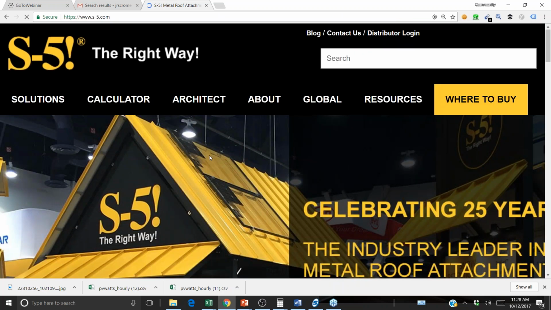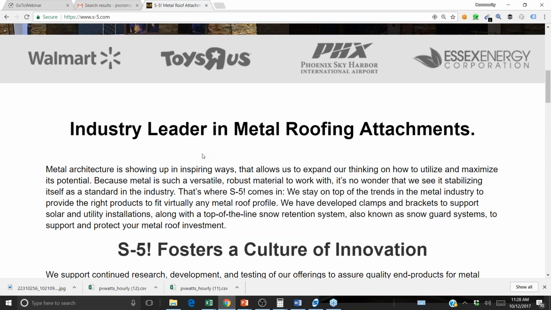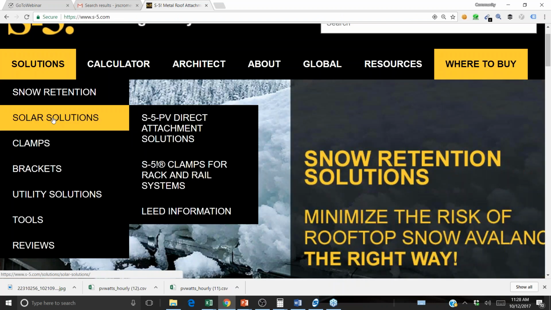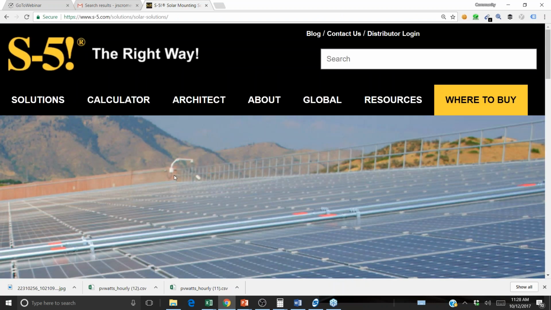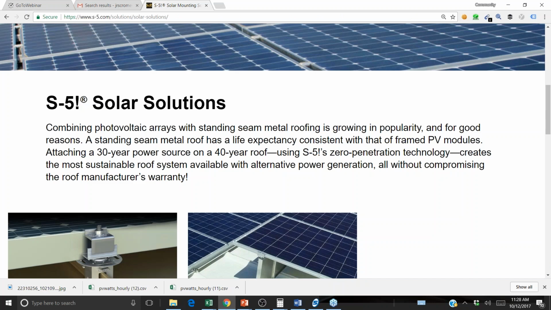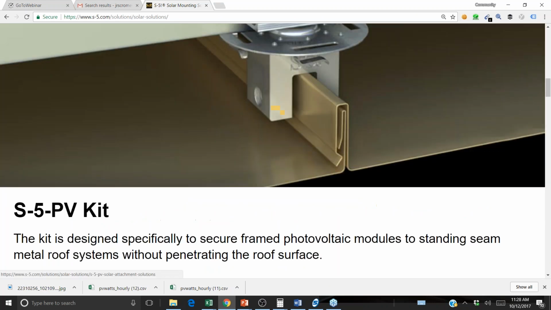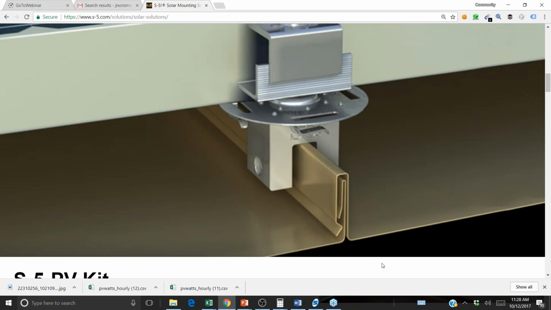And in our solar class, we look at these attachments. With standing seam, you usually get a little clip like this that just clips around the standing seam, and that's sold to the customer under the idea that we don't need to penetrate the metal rooftop. We can just clip to the roof.